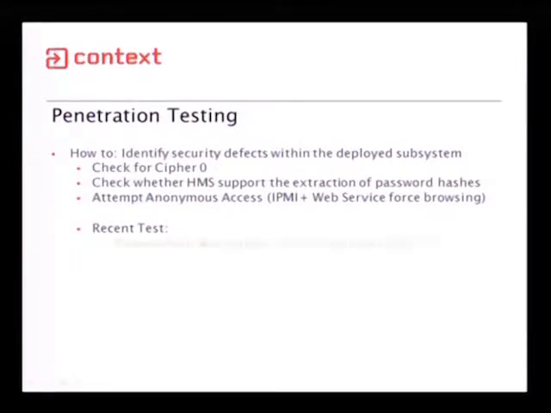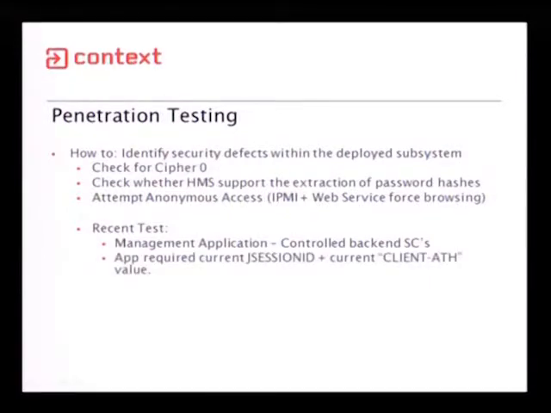So on a recent test we did, we had a management application which basically was a front end to a whole rack of service controllers in the back end of it. The application required you to have a valid JSESSIONID and a valid token, clientAuth, to be able to do anything with it. Now, to get a valid Java session ID, we went to the login page, hit enter, and then we had a valid JSESSIONID.